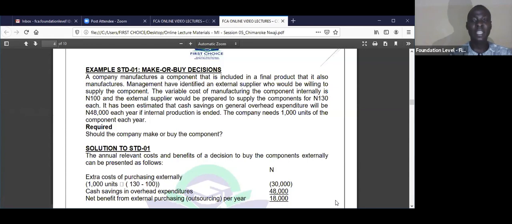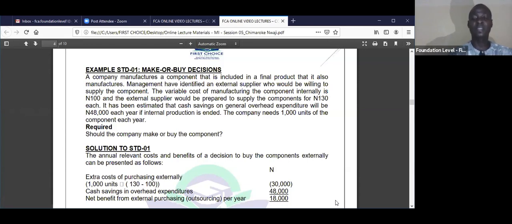And so 48,000 naira becomes like an increase in your revenue, because you are not spending that on expenses, so your profit is increased, your contribution is increased by that 48,000 which you save. So how much did you save? 48,000. How much did you spend? 30,000. That means your benefit of giving it outside, the extra benefit, is 18,000.